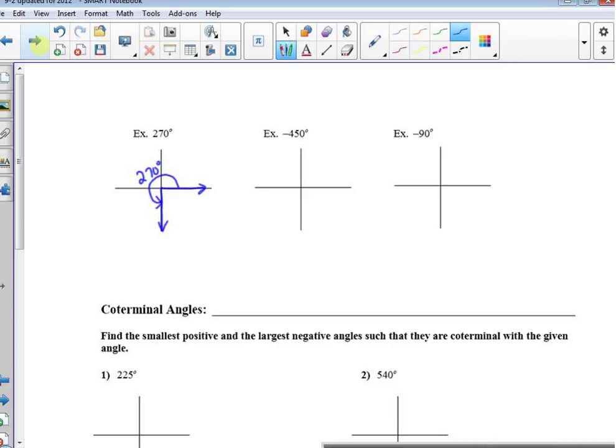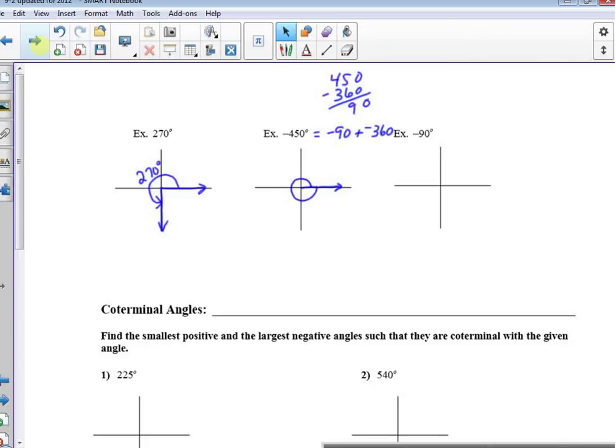Negative 450, I'm going to see how many 360s are in that. Negative 450 is made up of negative 90 and negative 360. I did that wrong: I did counterclockwise, but I want to go clockwise because it's a negative angle.